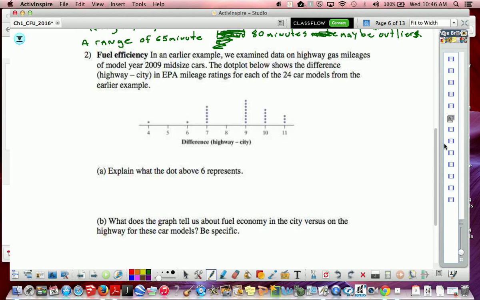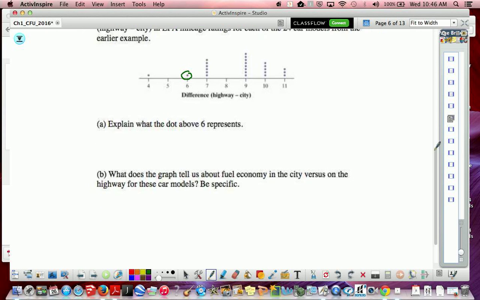In question A, it says, explain what the dot 6 represents. So the question is, what does that dot right there mean? Since it's talking about highway miles minus city miles, it's basically saying the car gets on average 6 more miles per gallon on the highway than it does in the city.